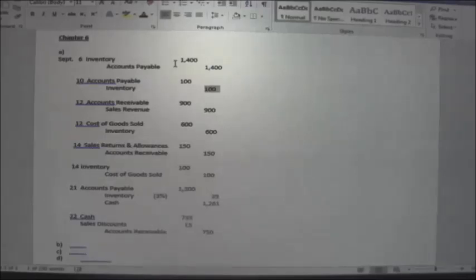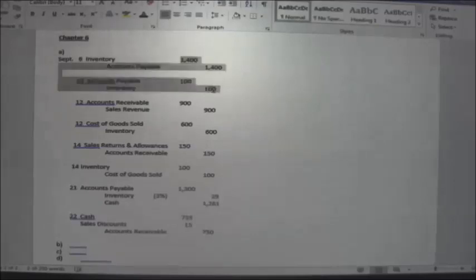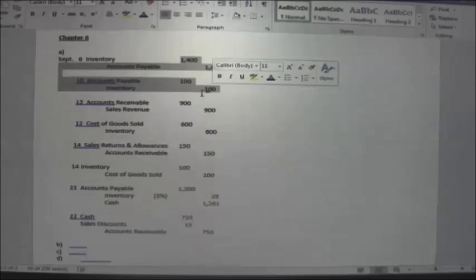Why? We work off cost principle. I must record it at the amount that it cost me. How much did it cost me? $1,261 is what it cost me. How much do I have it recorded as? $1,400 minus 100 is $1,300.